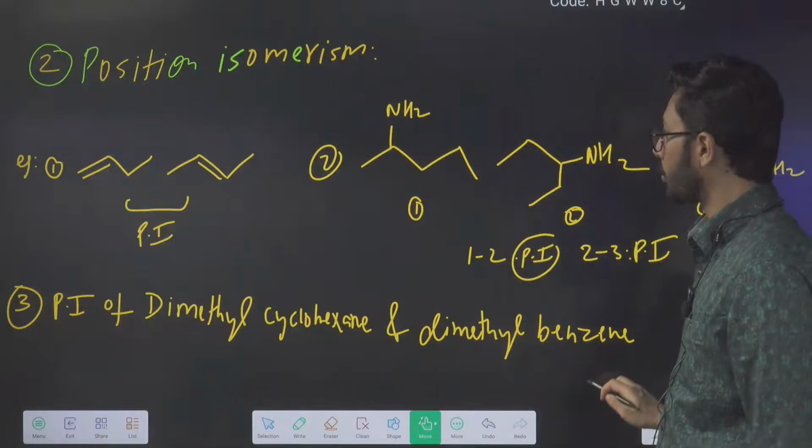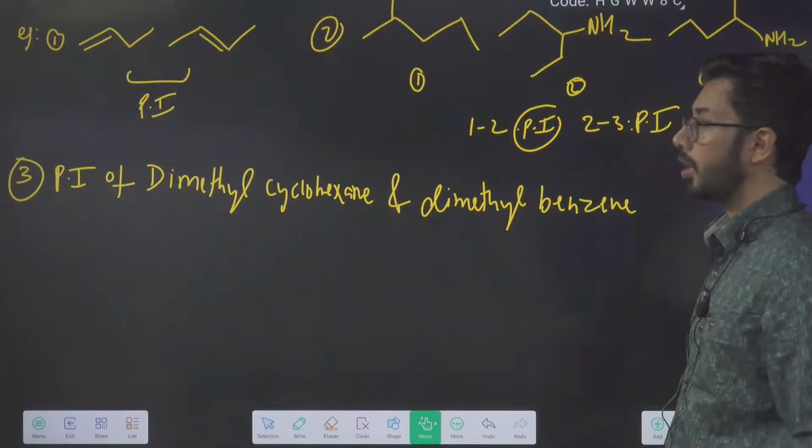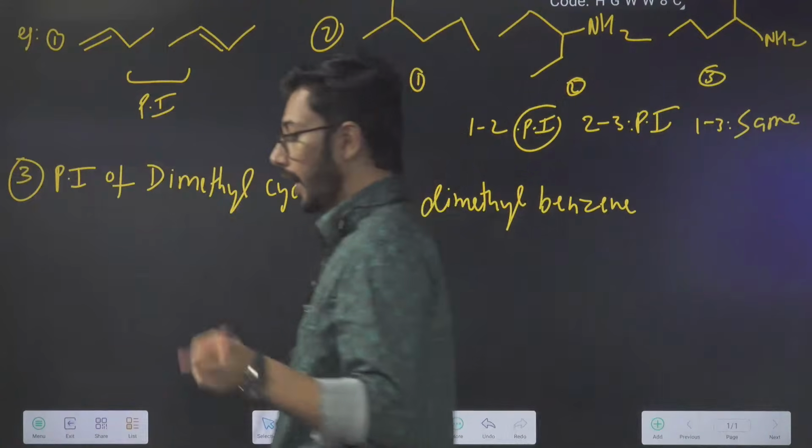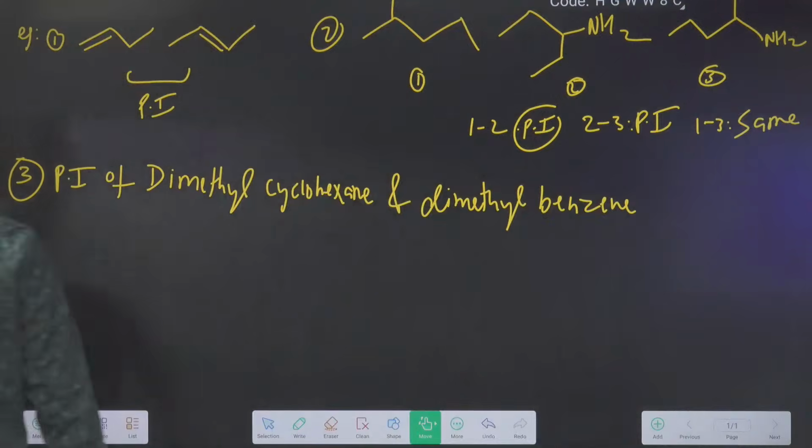Then try next question. Position isomers of dimethyl cyclohexane and also find for dimethyl benzene.